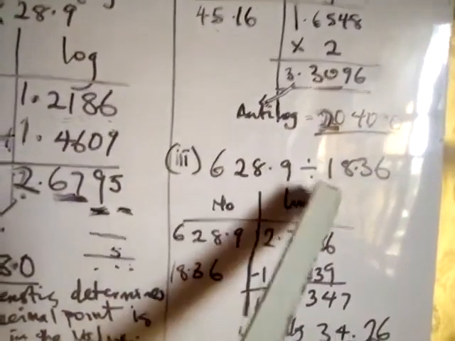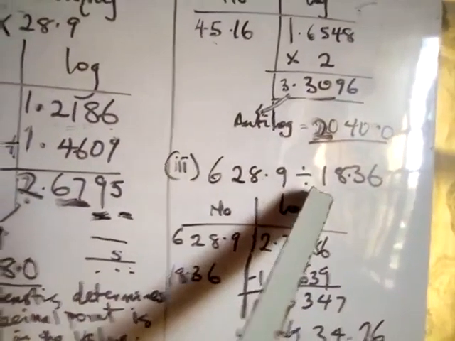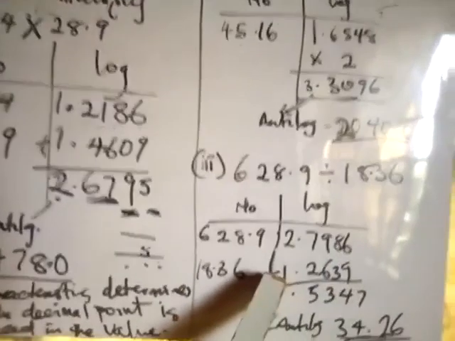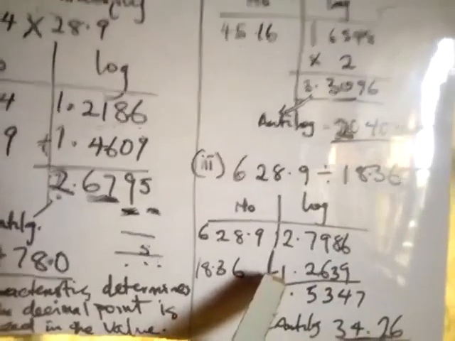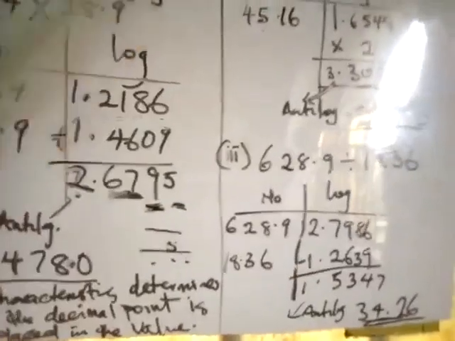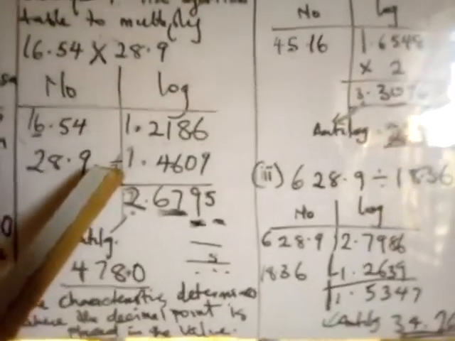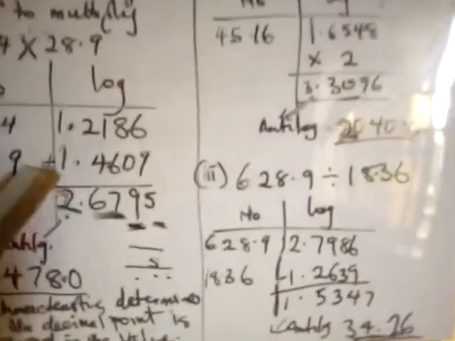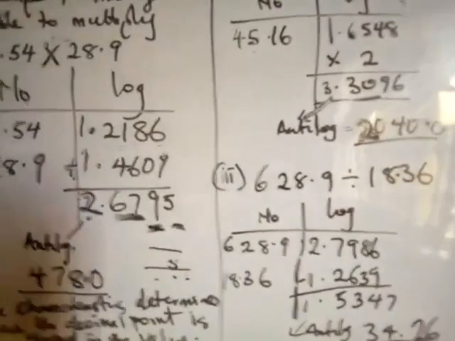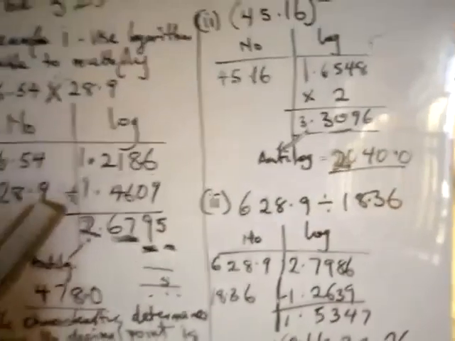But because this is division, you subtract. In multiplication, you add. You can see in the earlier place we added, because according to the law, when you have multiplication you add, and when you have division you subtract.